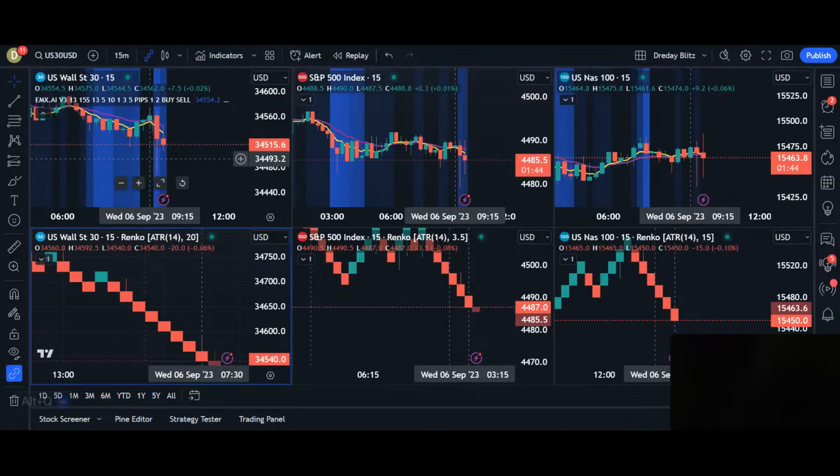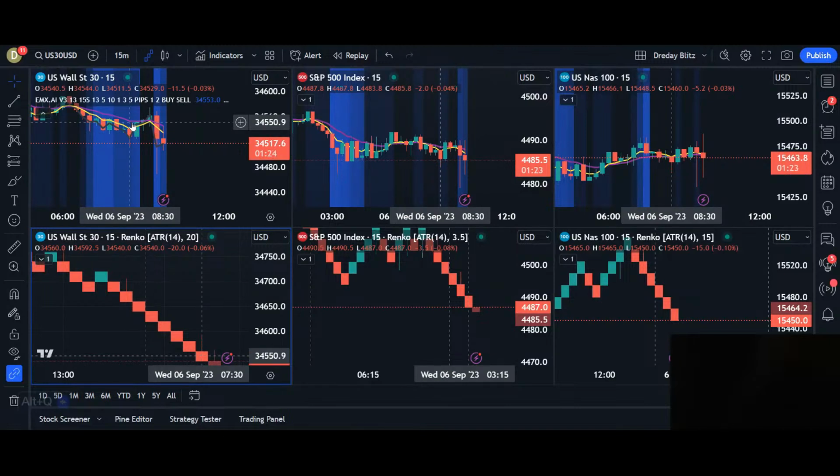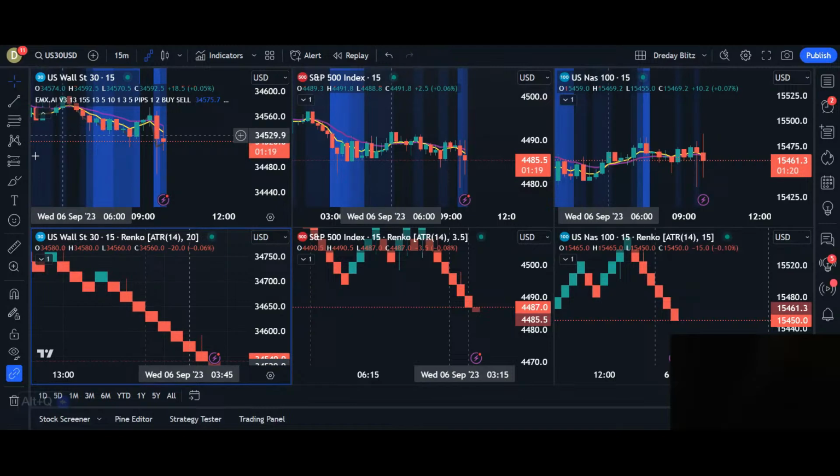So for the session that I'm doing with you guys, since we're trading from 9:30 until 11ish, I always put the 15-minute Renko bars, but if I would have kept the trade longer, it would be on a 1 hour.